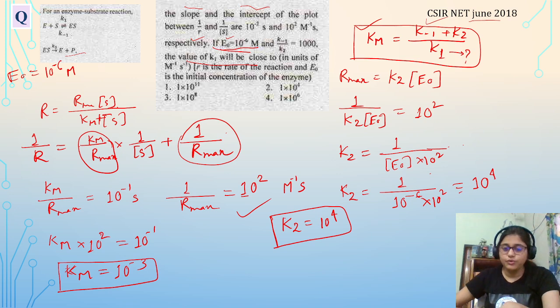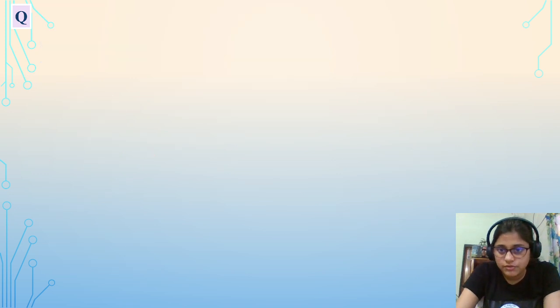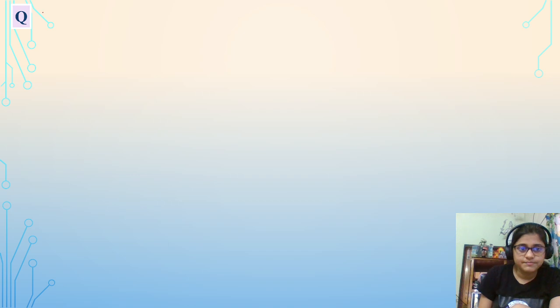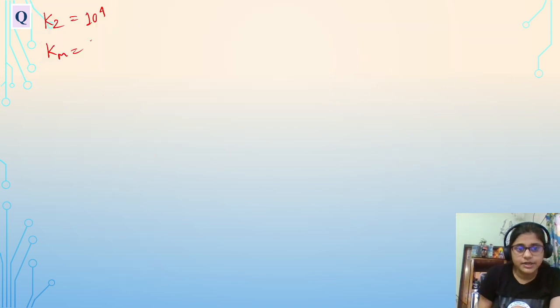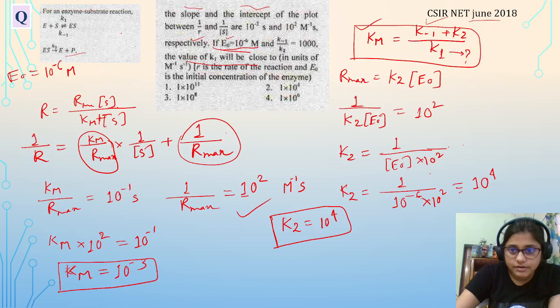So we know the K2 value is 10 to the power 4. Km value is 10 to the power minus 3. And K inverse value we have to find out.